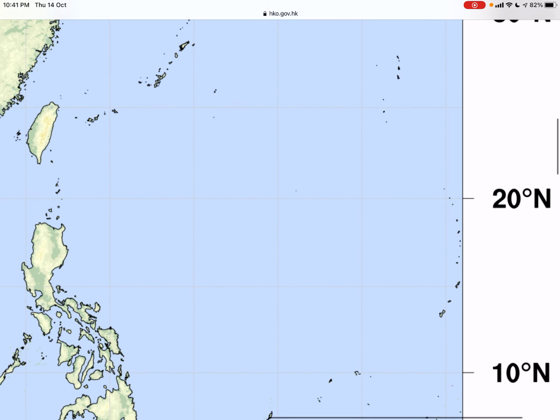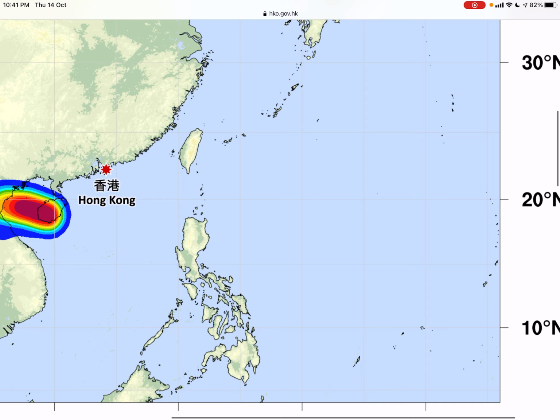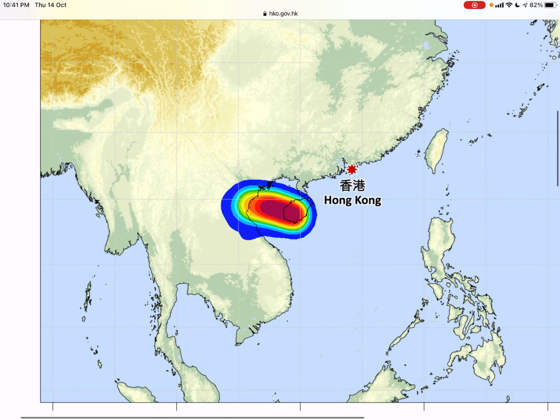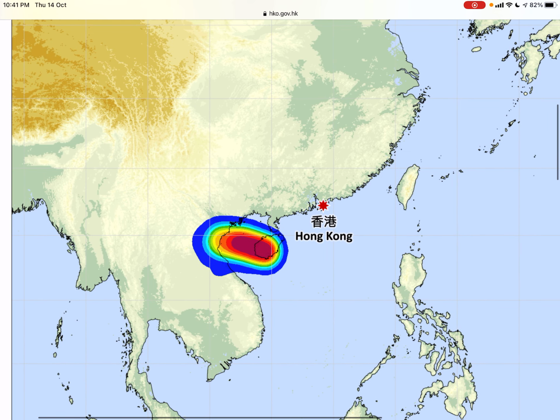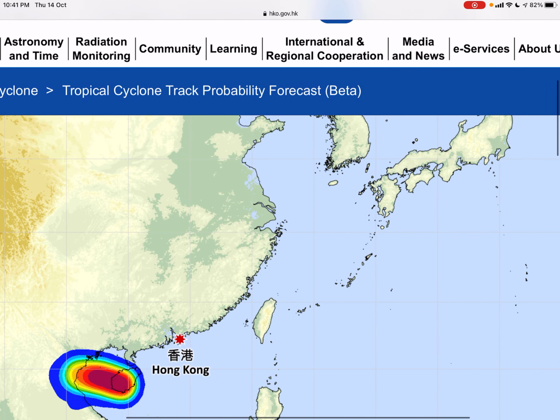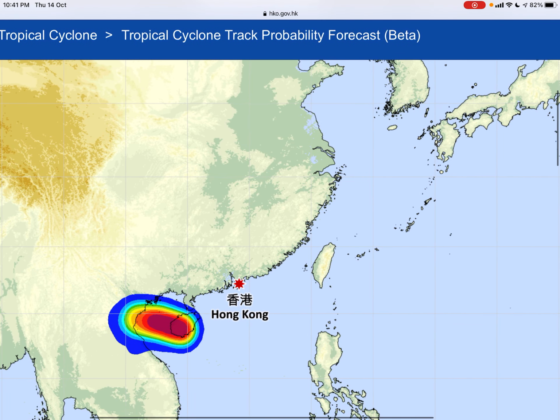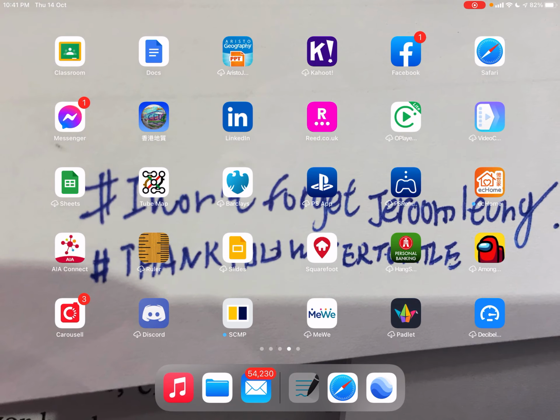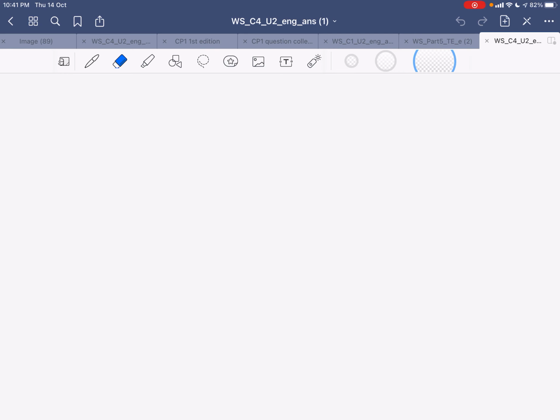Most of the typhoons are created in this area, and then strike Hong Kong or the nearby area, even Zhejiang, Shanghai, or even Japan. So no matter what, this is how the summer monsoon works. Although it's not totally the same as the typhoon, you can refer to the track of the typhoon. It's working more or less like this.